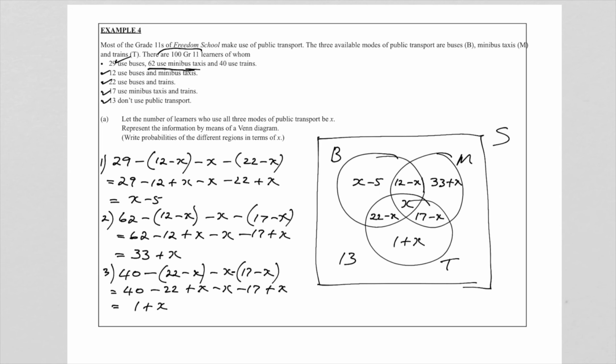So let me just highlight that part. So we're going to write down an algebraic equation here, where we're going to add all of them, and we're going to put it equal to the 100 learners in total. So let's write that down.